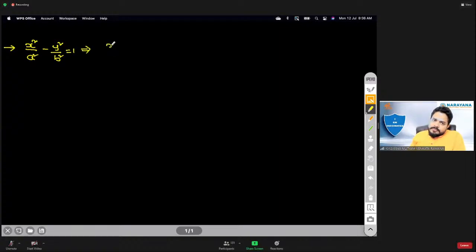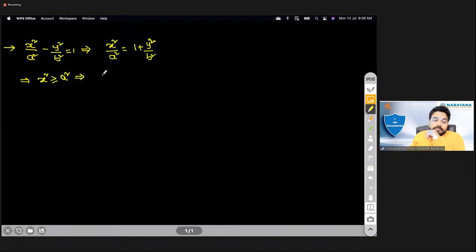So x square by a square is equal to 1 plus y square by b square. So clearly x square is always greater than or equal to a square. So for minus a less than x less than a, no curve.